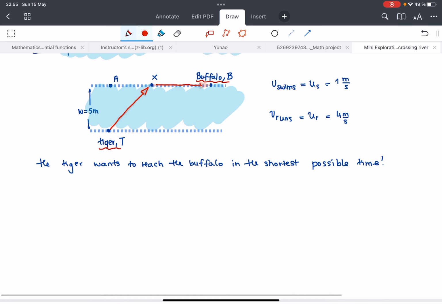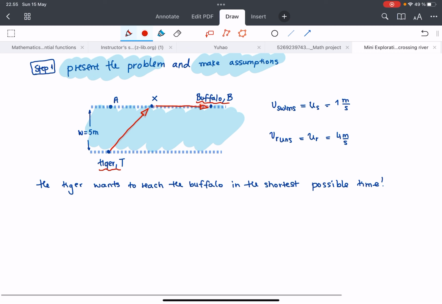So it would be a good idea if, for example, we consider that this distance from A to B, maybe we can call it B, and this small distance here is X, lowercase x.